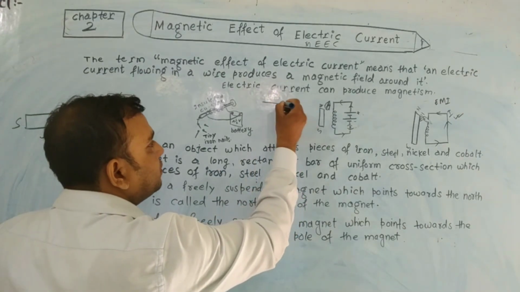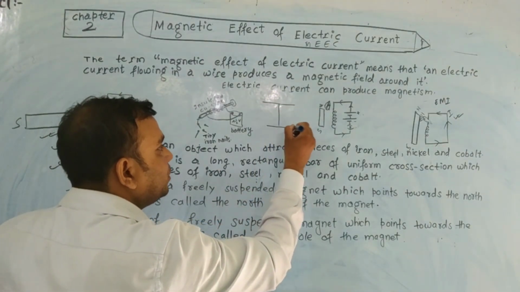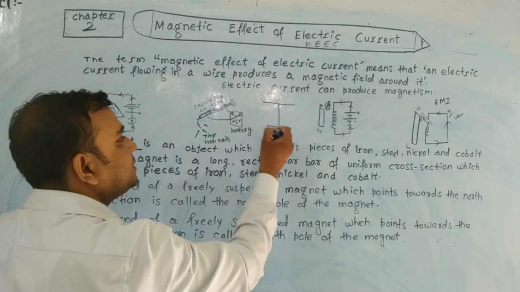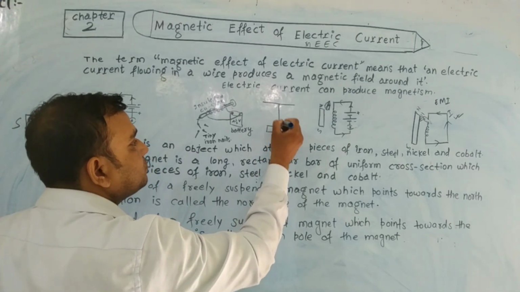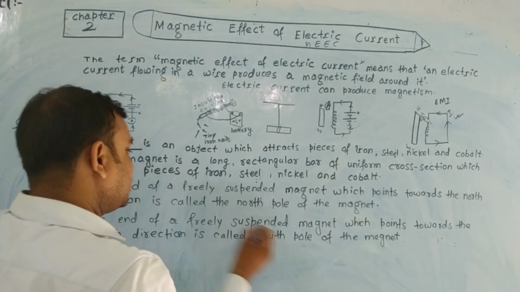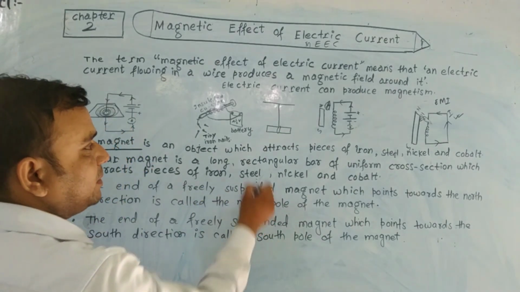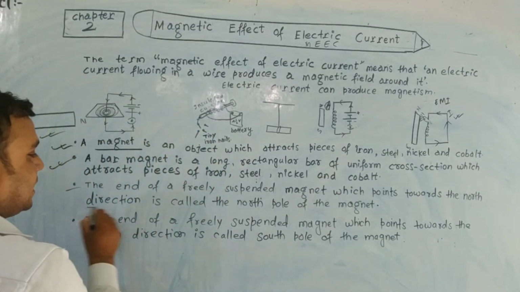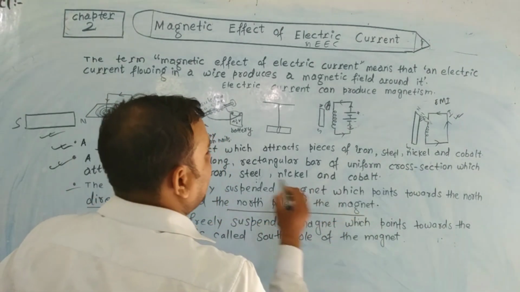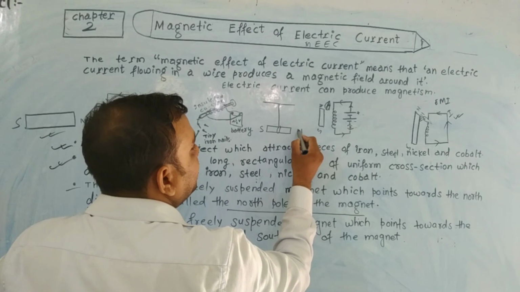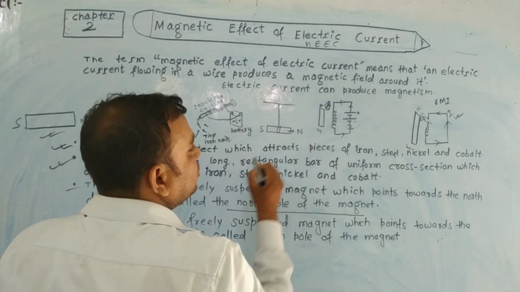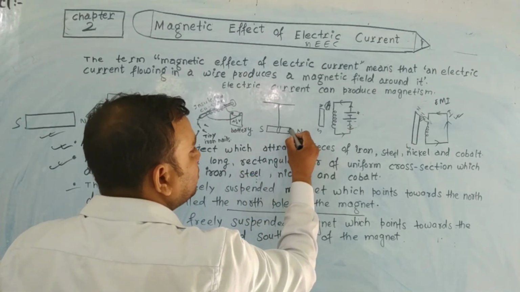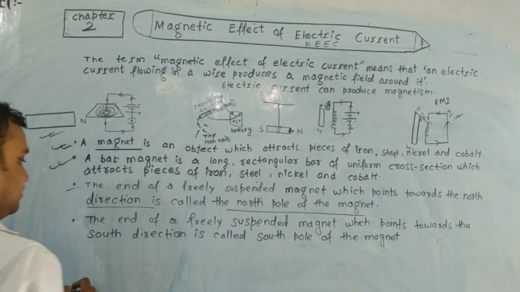And next, the ends of a freely suspended magnet. If you hold a magnet with a string, the end of a freely suspended magnet which points towards the north direction is called the north pole of the magnet. This indicates the north direction, so this pole is called north pole.